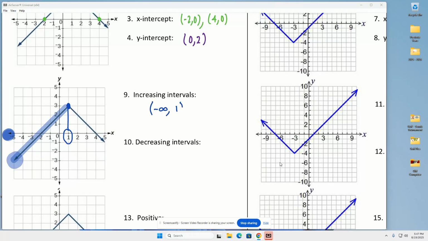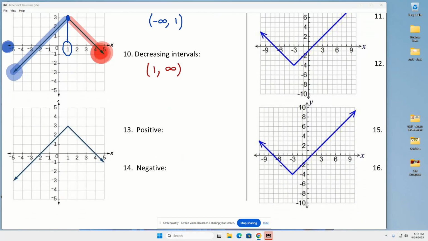It's increasing as it approaches 1. And then what does it start doing? Well, clearly you can see from left to right, it starts decreasing. And how long does it decrease? Forever. It decreases forever to the right. So our decreasing interval is from positive 1 to positive infinity. All right?